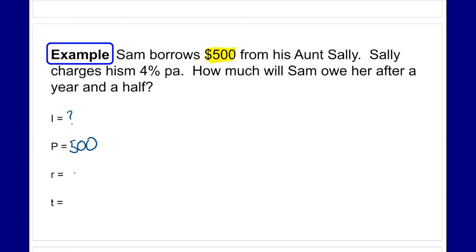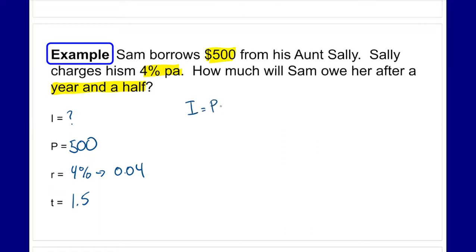The rate is 4%. Because we need to turn it to a decimal, 0.04. And the time in years, because they're looking at a year and a half, it's 1.5. We find all of that directly from the question. Again, we don't know the interest, but that's what we're trying to calculate.